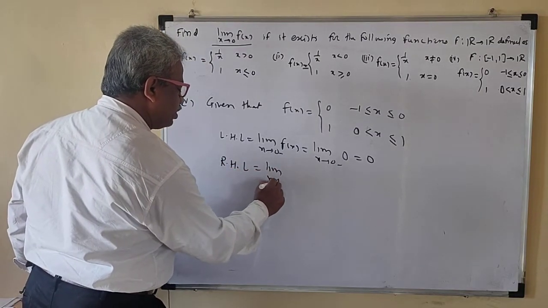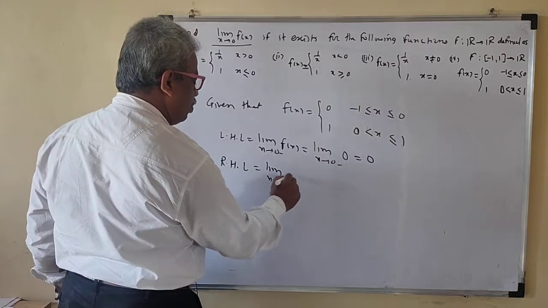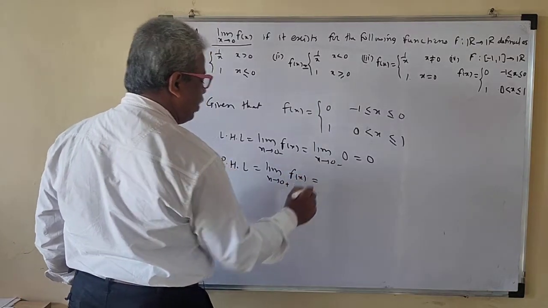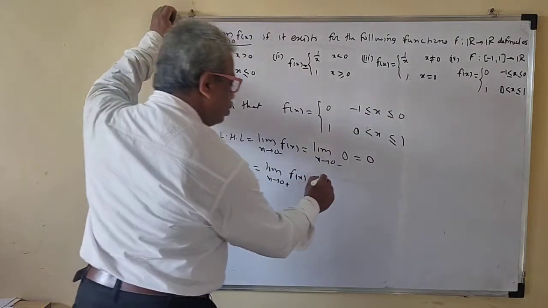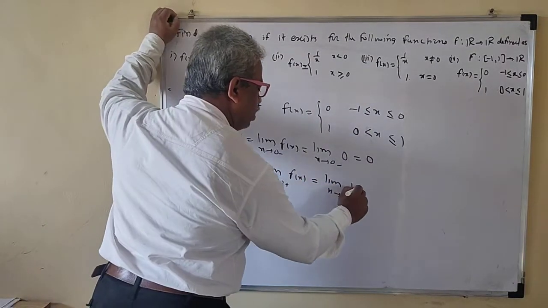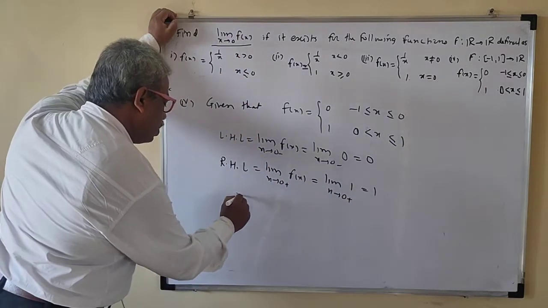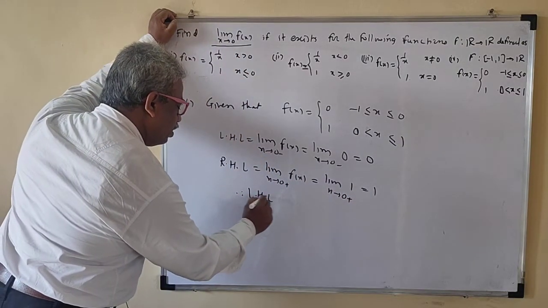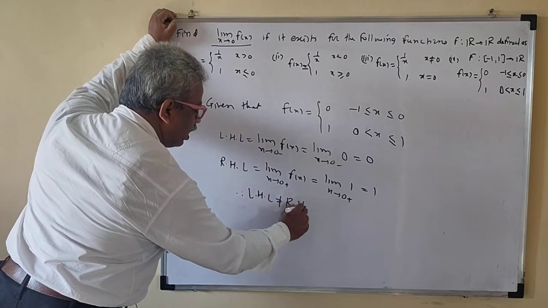Right hand limit: limit x tends to 0 plus f of x is equal to limit x tends to 0 plus 1, so limit of constant 1. So therefore left hand limit is not equal to right hand limit.